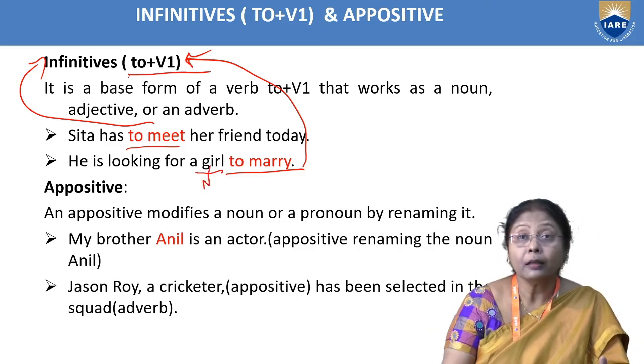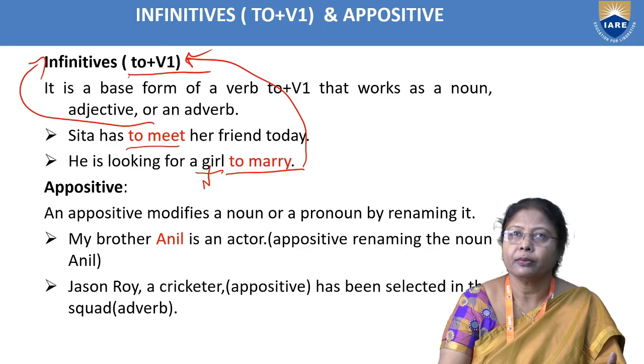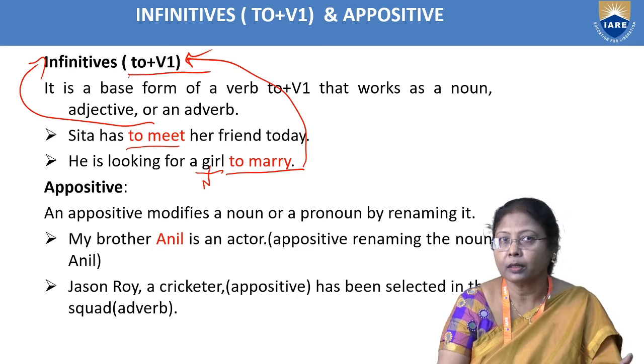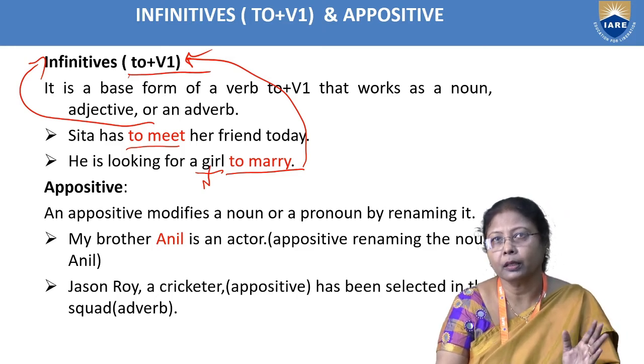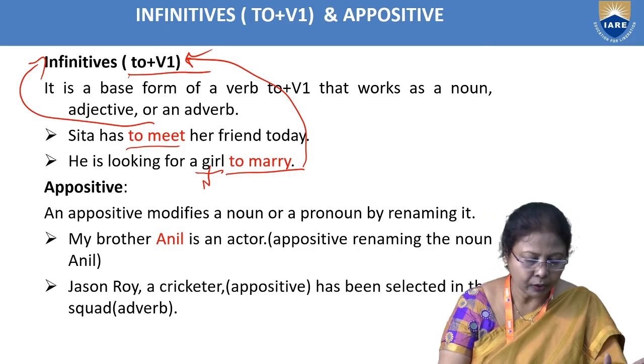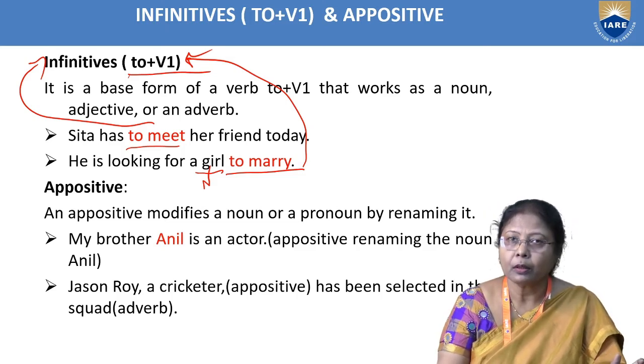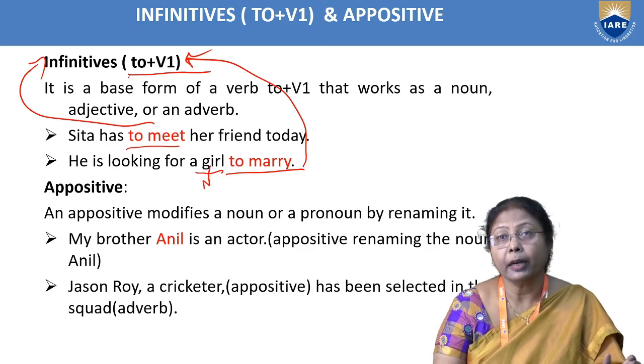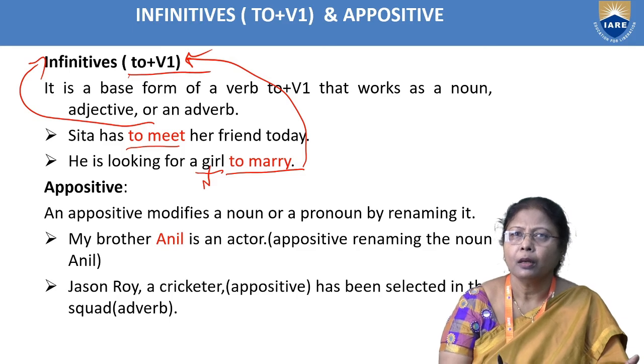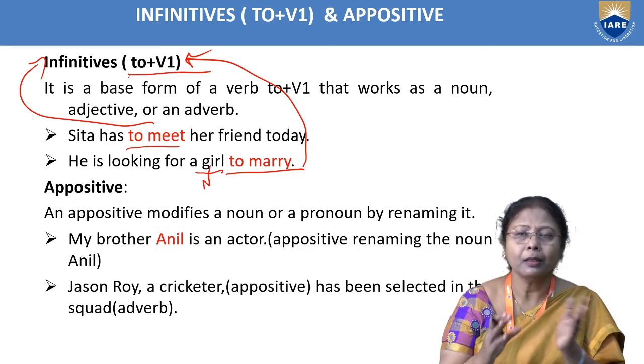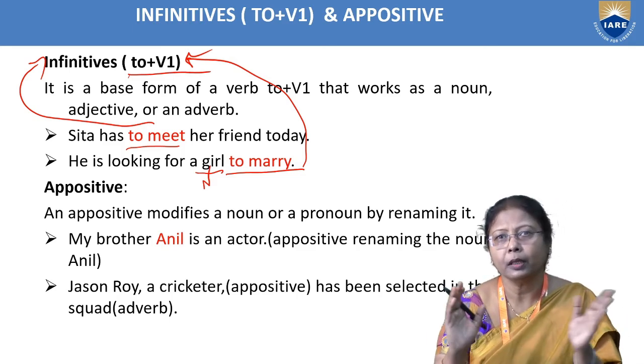Understand? And the last one is appositives. It's not opposite, not the opposite of anything. An appositive modifies a noun or a pronoun by renaming it, giving another name to it.